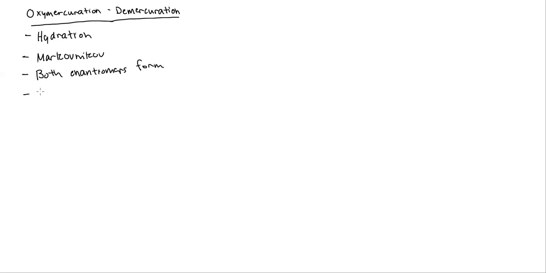And the last thing to mention that I think is important here is that this reaction has no rearrangements. Rearrangements cannot happen, unless it's a very rare circumstance. So rearrangements are not possible in this reaction.